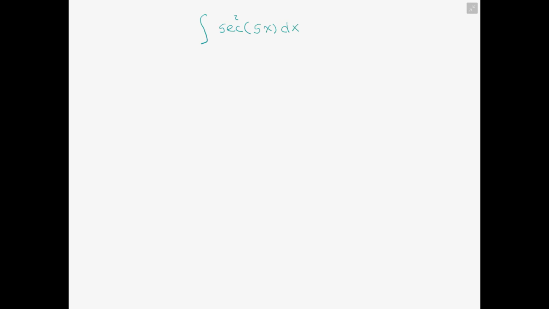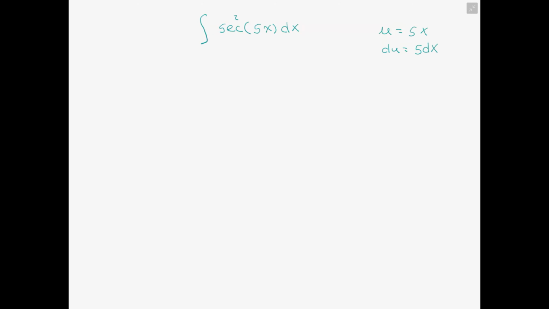We got secant squared 5x dx. And this is the problem we're given to solve the integral.